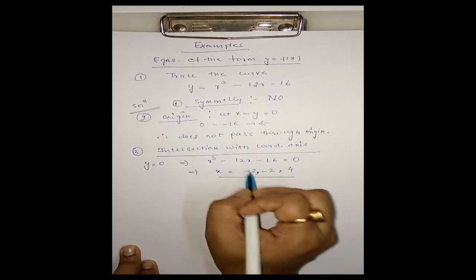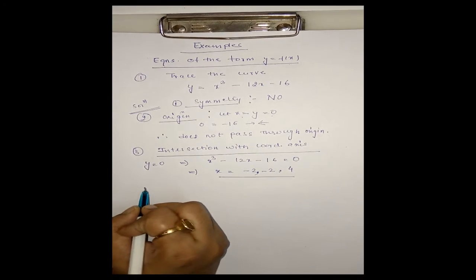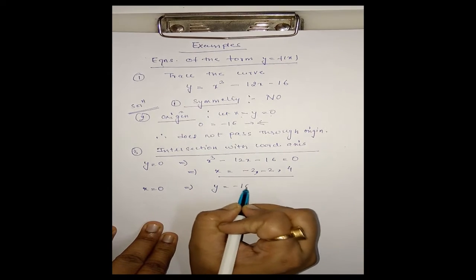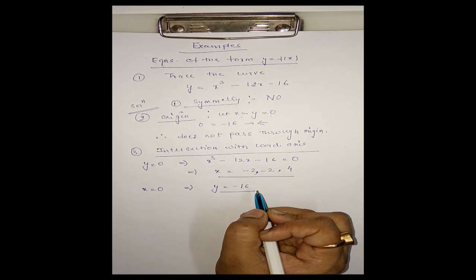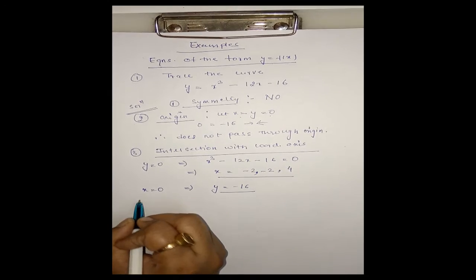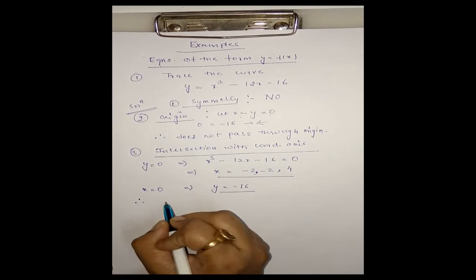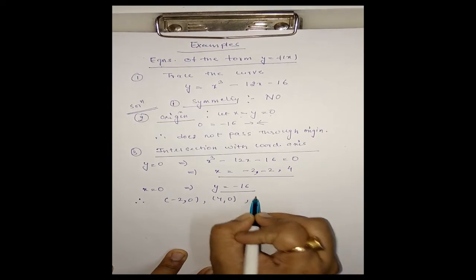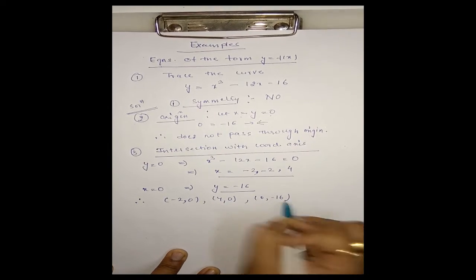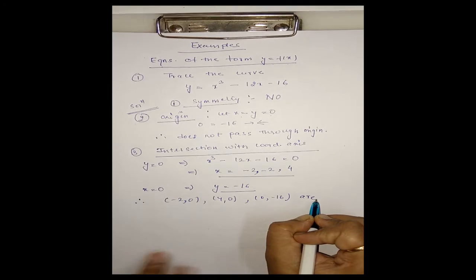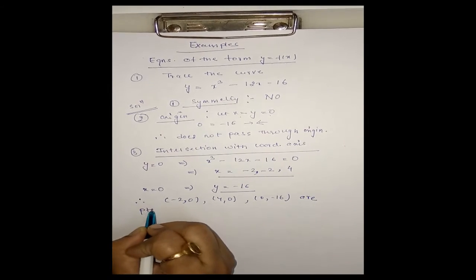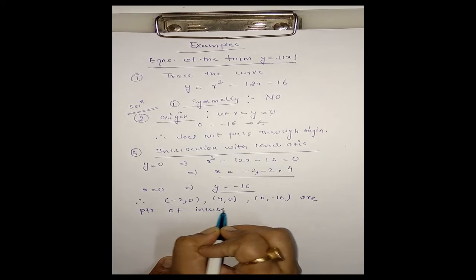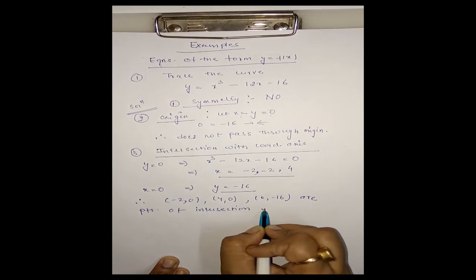These are the roots of this equation. And on taking x to be 0, y is equal to minus 16. That means the points of intersection with coordinate axis are (minus 2, 0), (4, 0) and (0, minus 16).